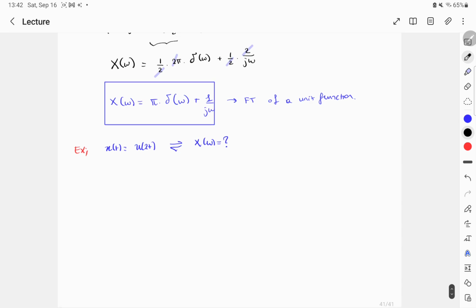First of all, we are not required to jump and do the rules, the amplitude shift, and etc. Why? Because our time step function is like this, right? We have 1, we have 0, and we have t.